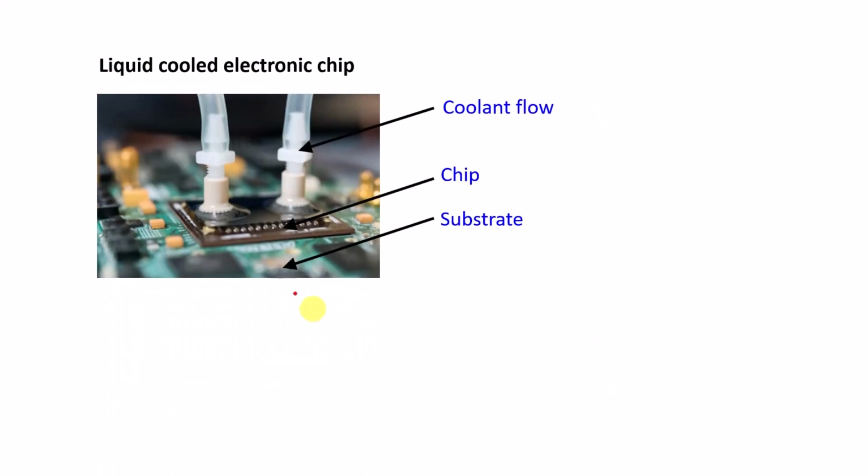Now we come to the physical problem. This is where our chip is, which is mounted over a substrate, and you see here the coolant is flowing through this pipe. So this is a liquid cooled chip. Now this chip is like a rectangular cross-section solid which is generating heat, and through convection the heat is removed from this side through this liquid, which is giving a high convection.